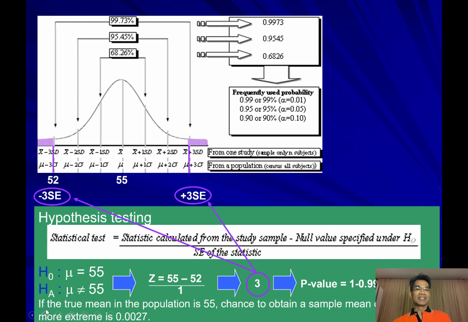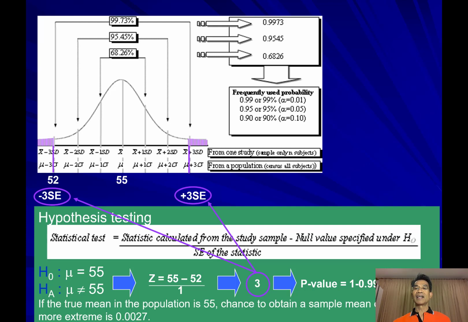And here is the interpretation. We repeat the null hypothesis first. If the true mean in the population is 55, think about that. Even if the true mean is 55, is there a chance that one survey of weight with a sample size of 25 gets a mean weight of 52? Of course, the answer is yes.